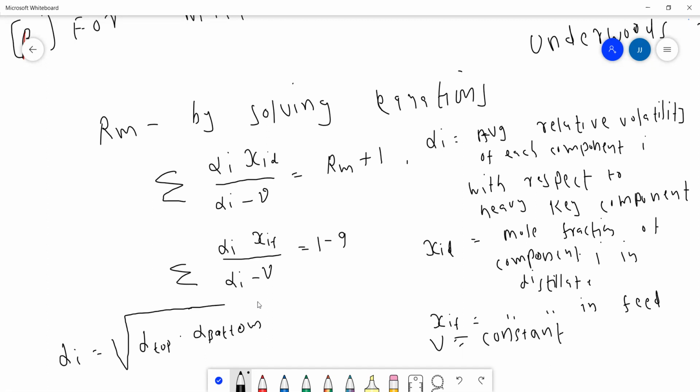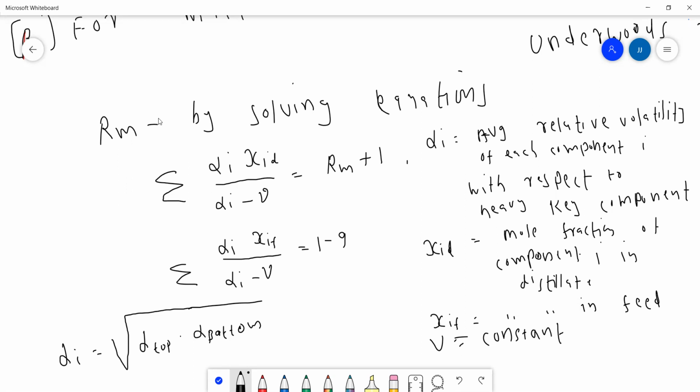This is under root, also called the geometric mean average. You have logarithmic mean average and arithmetic mean average, but if it is a square root of a multiplication, that is called a geometric average. From this you can determine Rm, the minimum reflux ratio for multi-component distillation.